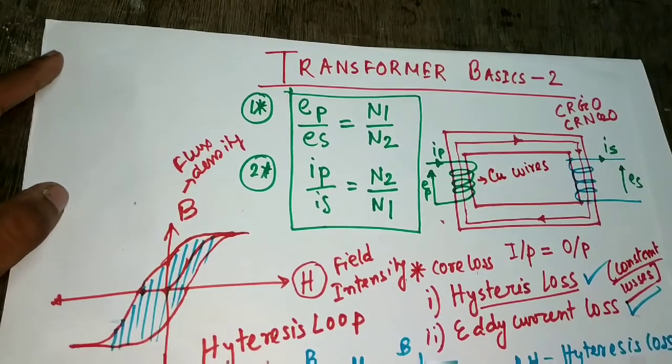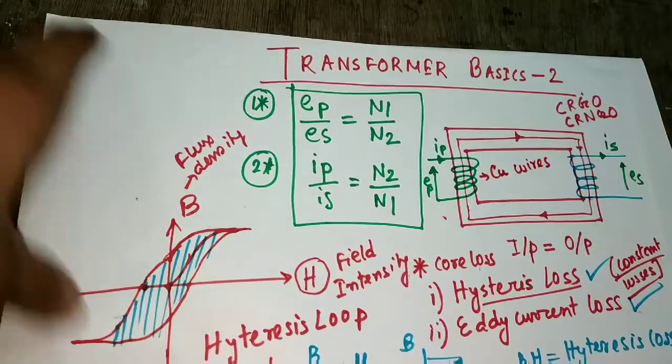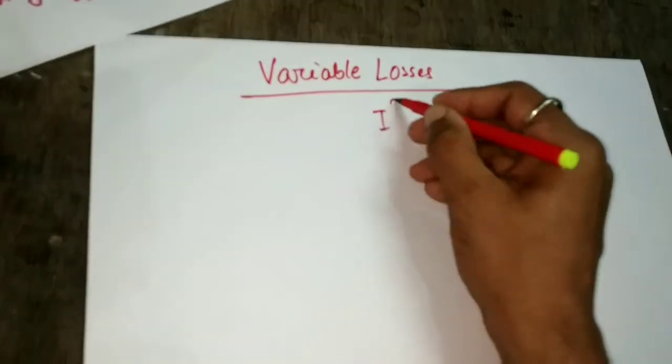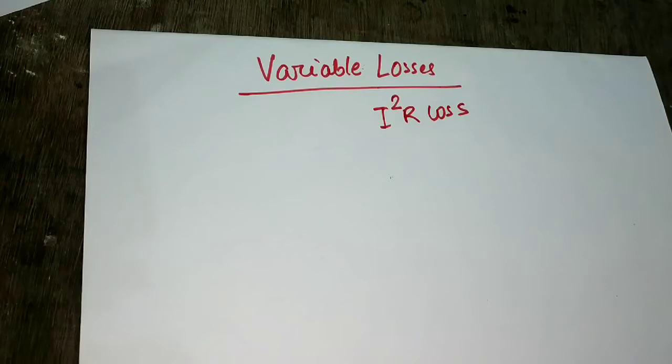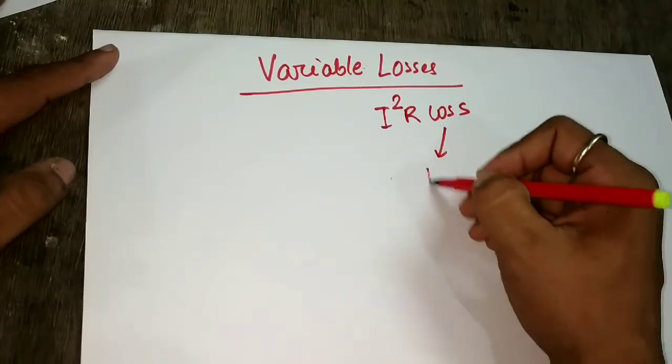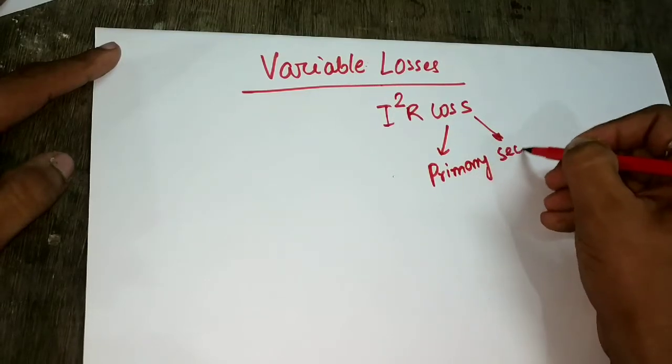So as the current is flowing in these copper wires, there will be an I square R loss in the copper, both in primary and in secondary.